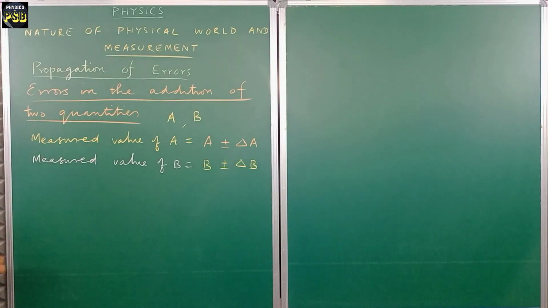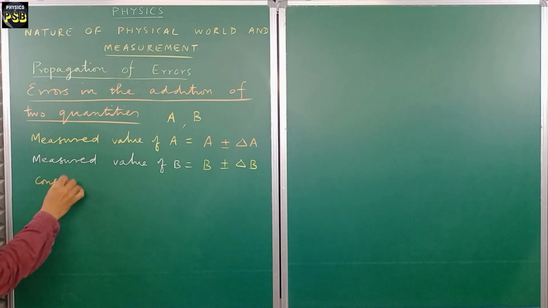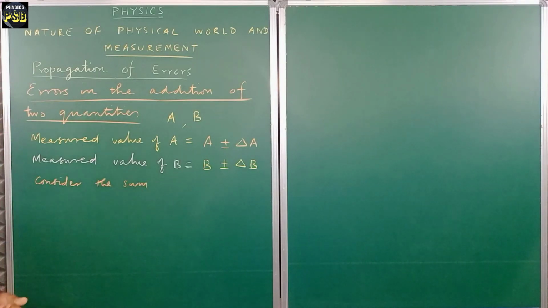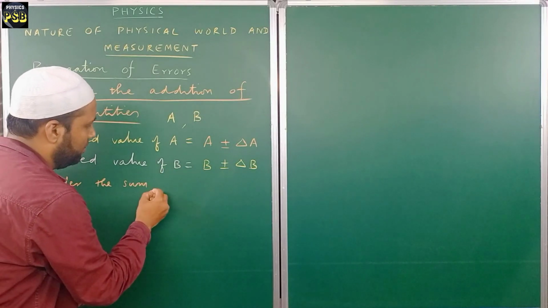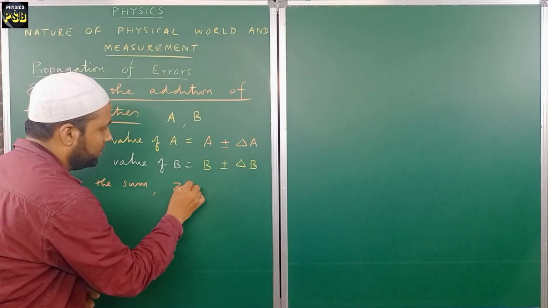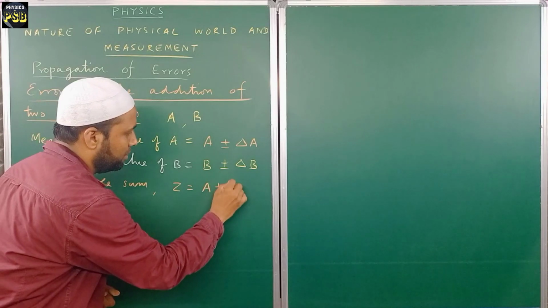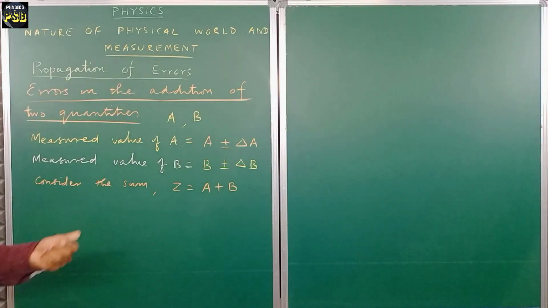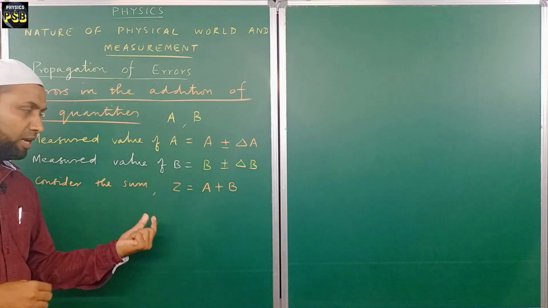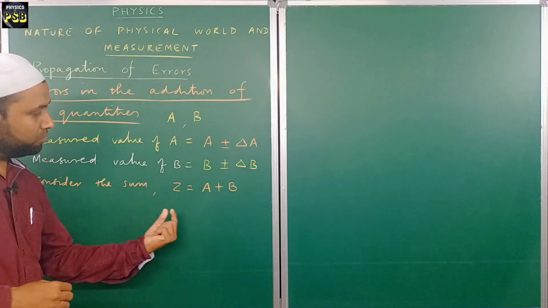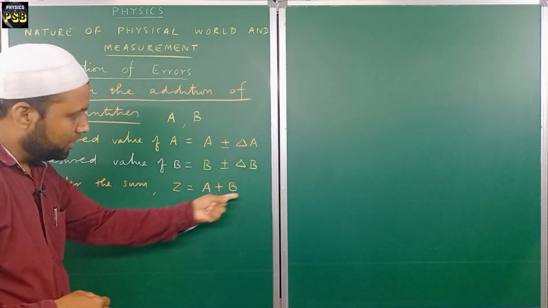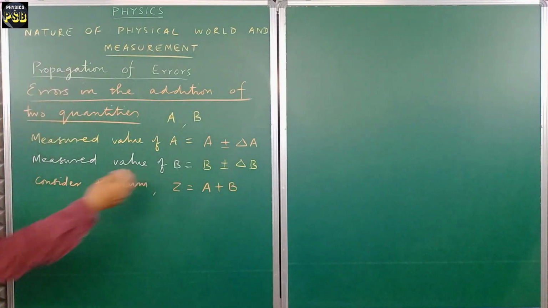Then I consider the sum as Z equals A plus B. Now I am going to substitute the absolute error occurred during the measurement of these quantities along with them.